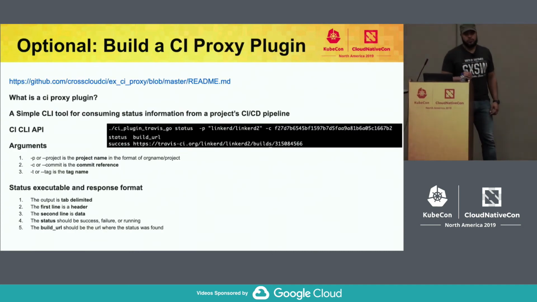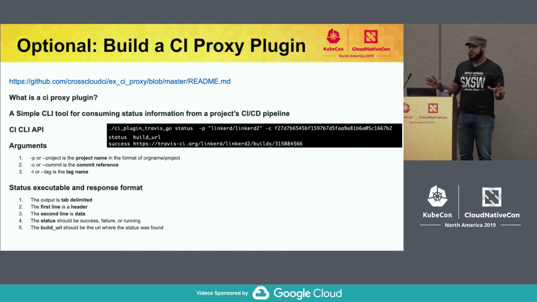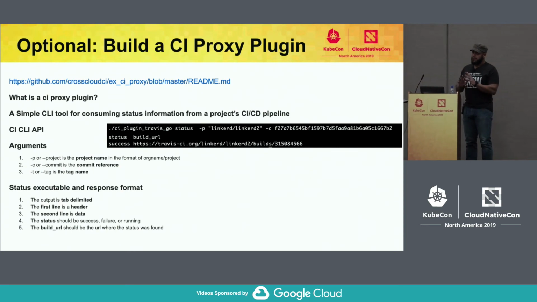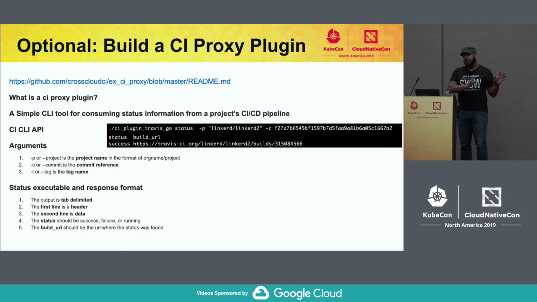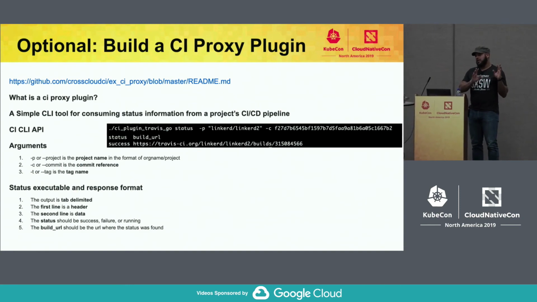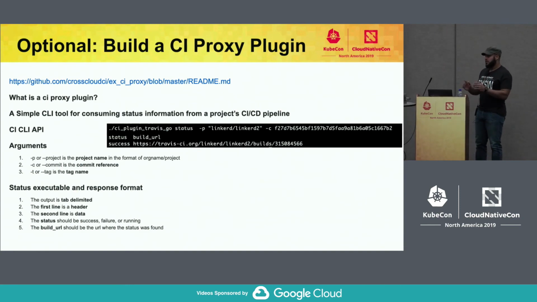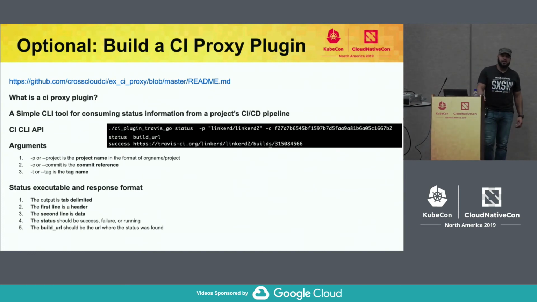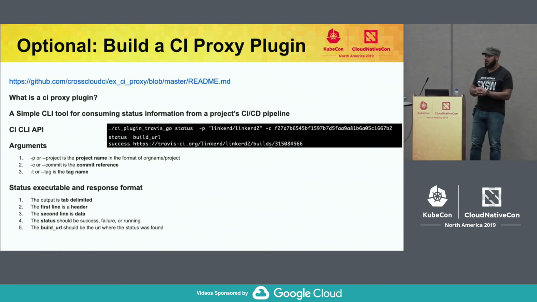All right, so this is optional for the project maintainers. Everything that we talked about up until now is kind of mandatory. Here, this is optional. What we provide for collaboration is the way, and what we would like is for people to help us in building CI proxy plugins.